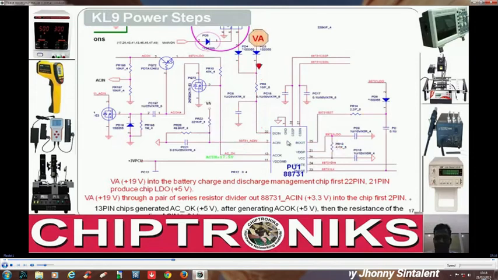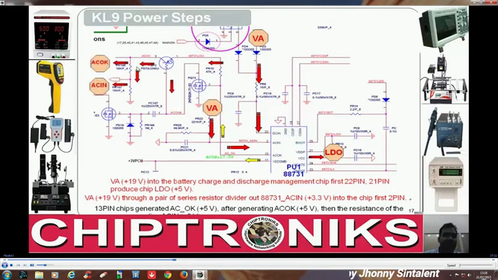Okay, so this VA is coming to the charger IC and it will generate an LDO at the VDDP pin, and again this VA is going to the AC in, and this will generate an AC OK signal which ultimately goes to the IO controller.